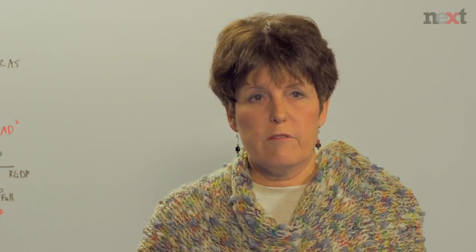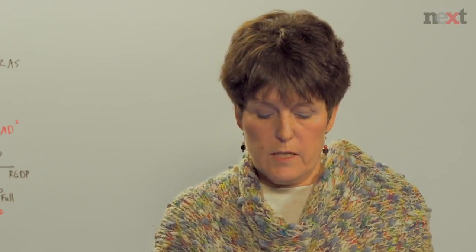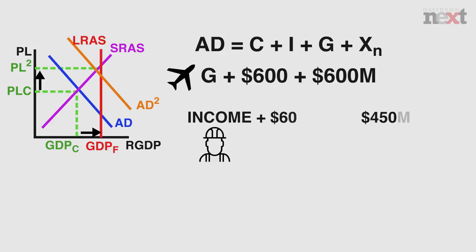When the workers at the jet factory get an additional income of $600 million, in our case, they're going to spend $450 million. In other words, they're going to demand $450 million of additional goods and services. And you ain't seen nothing yet.